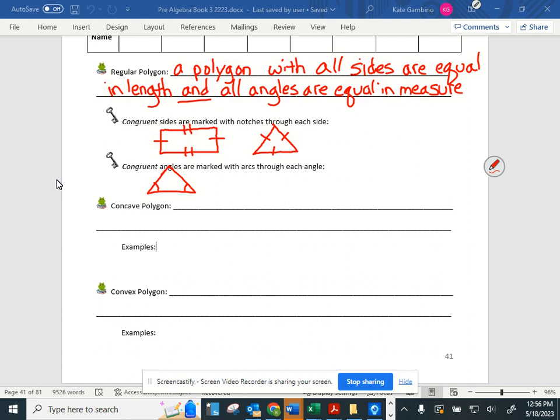If it's an equiangular triangle, yes. Equiangular means all of them are the same, like an equilateral, all the sides are the same. Equiangular, all the angles are the same. So if it's an equilateral triangle, it will automatically be an equiangular because it's a regular triangle. All the sides are equal, so all the angles are equal.